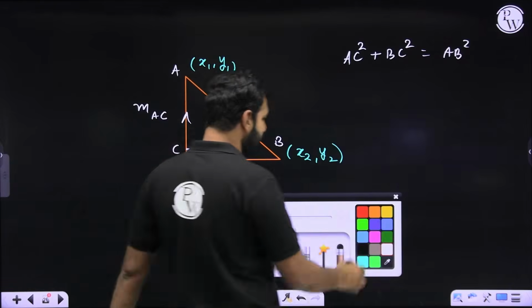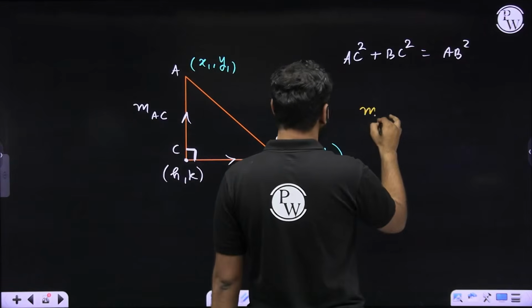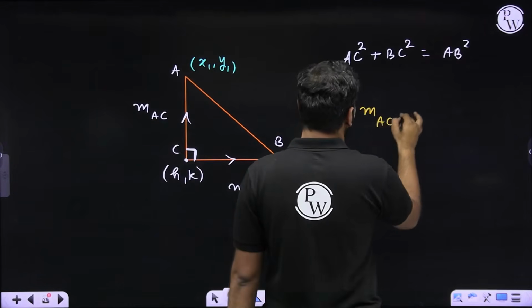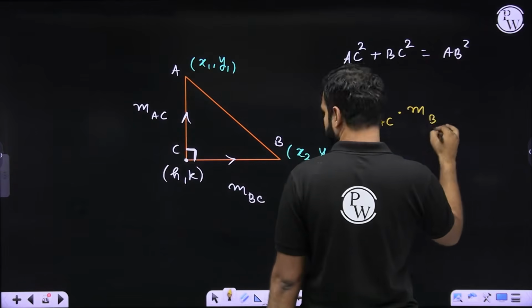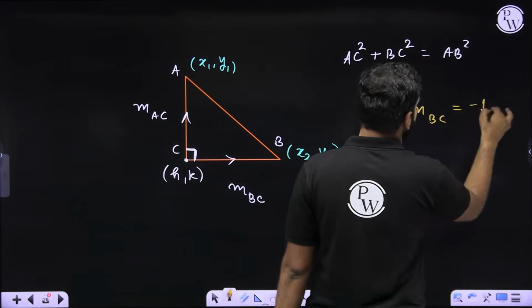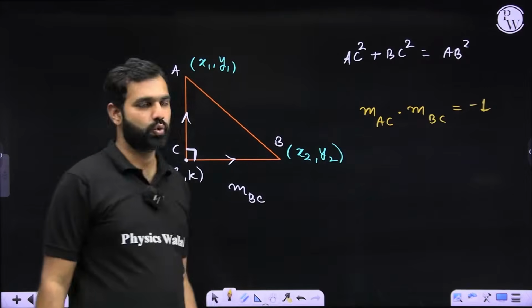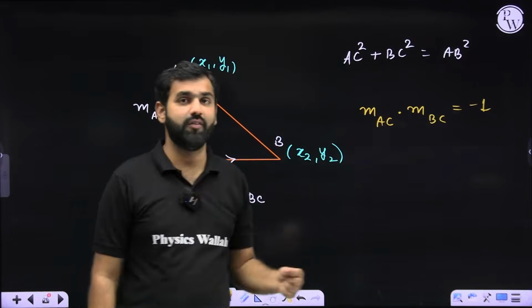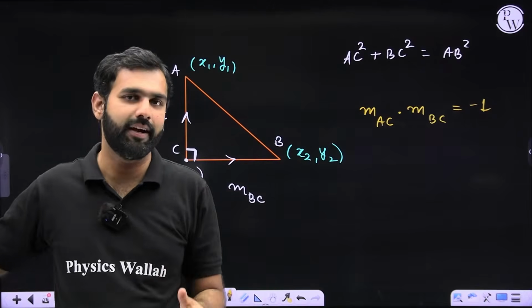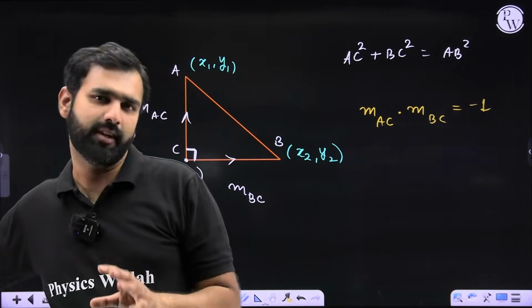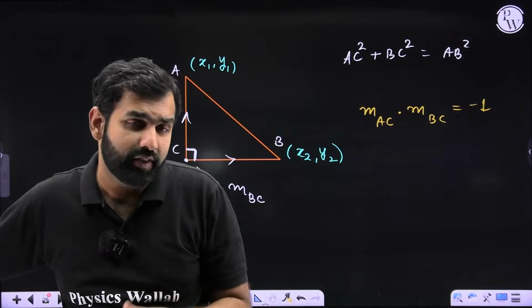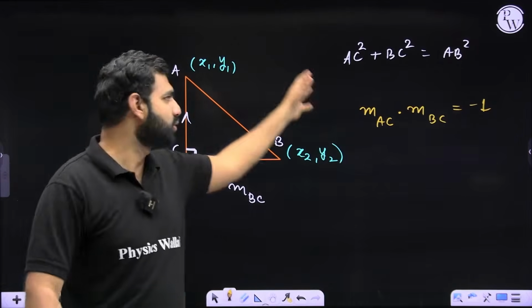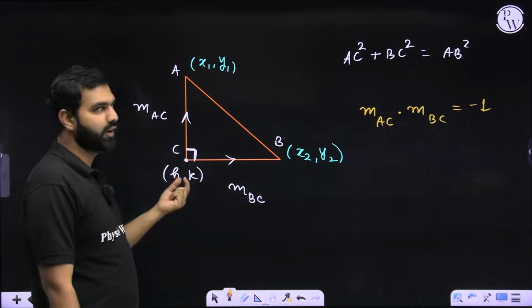And if these two lines are perpendicular, the product of their slopes will be -1. So by having these two results, the first result which we attain by applying Pythagoras theorem, and the second result which we attain by applying the perpendicularity of two lines, that if two lines are perpendicular, the product of their slopes is -1, by having these two conditions fulfilled, you can find the coordinates of h comma k.